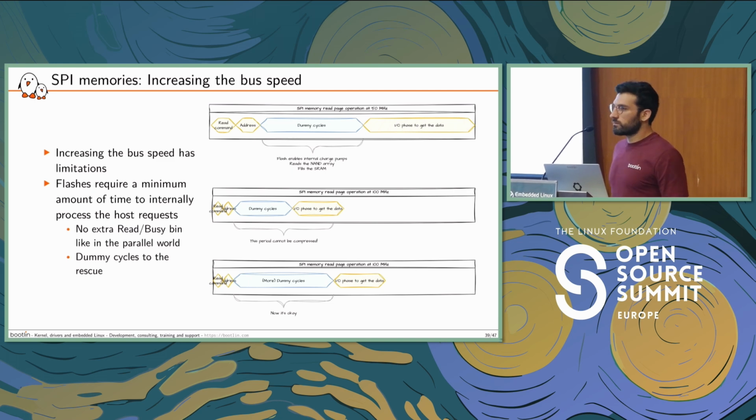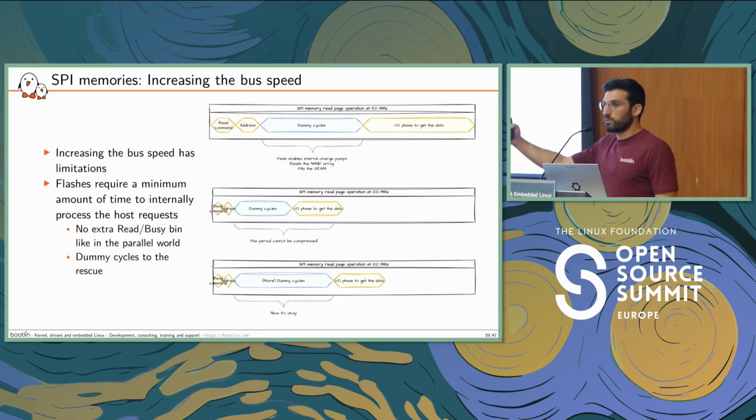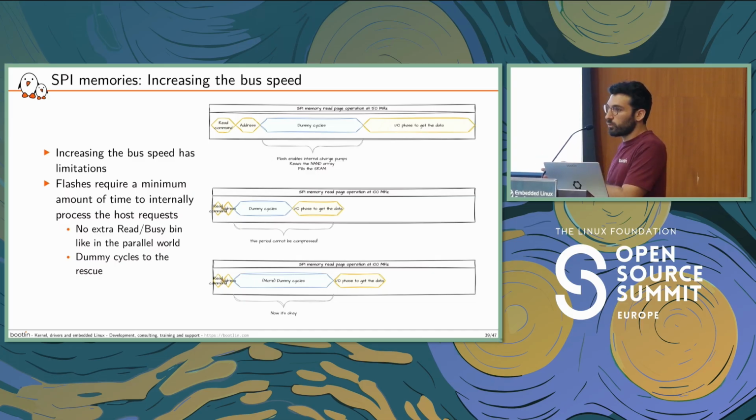All right, but now that we are using an octal DDR bus, can we improve the speed to go even faster? Yes, but not blindly. When you send a read command, again, there is this wait state, which is not supposed to vary with the frequency of the bus too much.